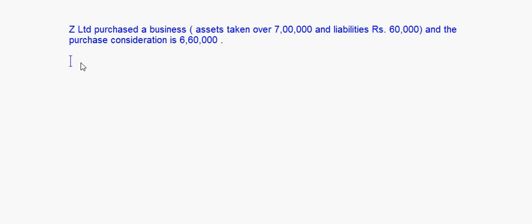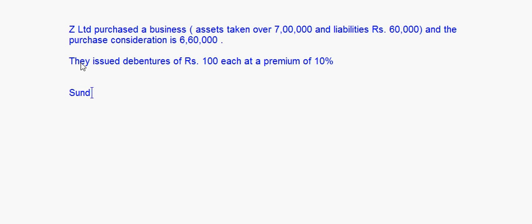Now they say they issued debentures of rupees 100 each at a premium of 10%, right? Now first of all, see here the sundry assets. Now this is a case where business is taken over, right?